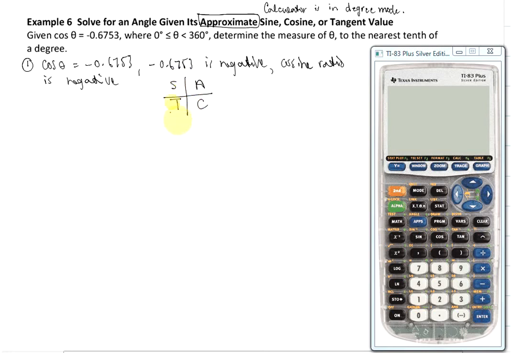And only tangent is positive in the third quadrant, so cosine will be negative in the third quadrant. So therefore, cosine is negative in the second and third quadrant, and so theta is a second or third quadrant angle.